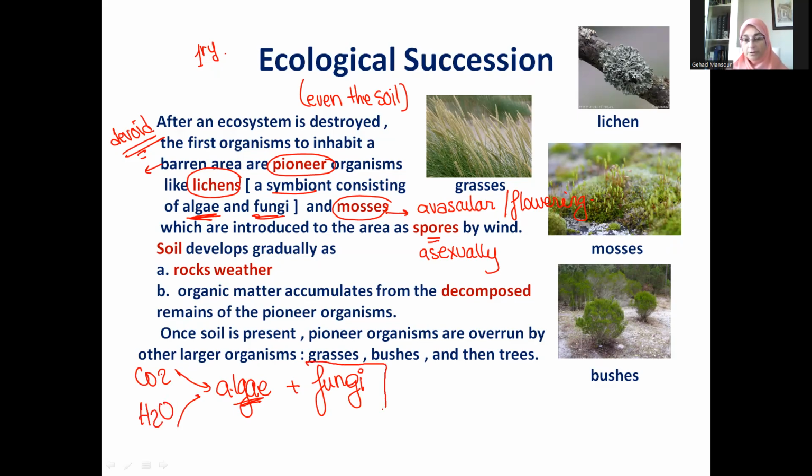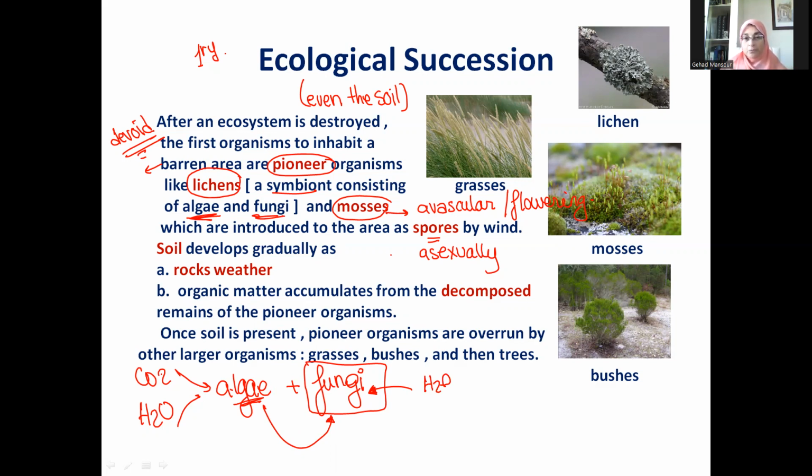Fungi cannot synthesize their own organic material, and they will absorb it from the algae. But the fungi will have an important task, which is to absorb, for example, water for the algae to photosynthesize.